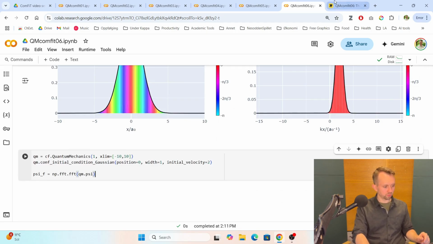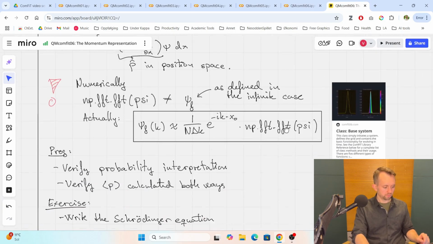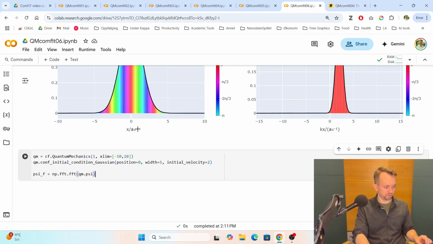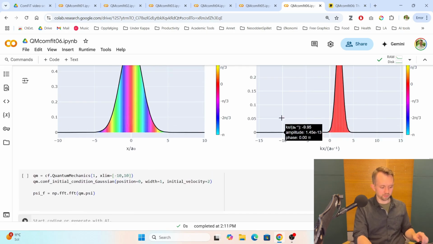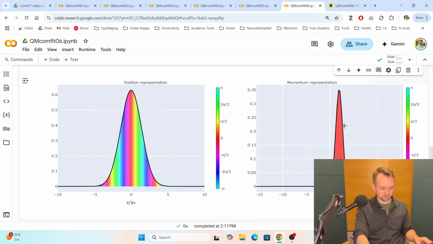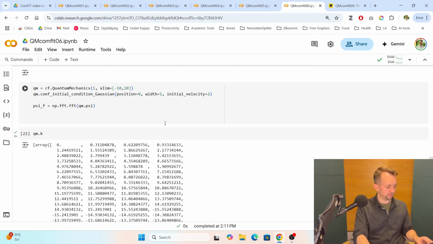Now, as I told you, in order to use these expressions here, these integrals, we need to get the actual infinite series wave function out of it. So I'm going to do that by looking at, first I'm going to get dk. So in Comfit, this k space, the k space onto which we are plotting the momentum representation, is represented by this qm.k object.